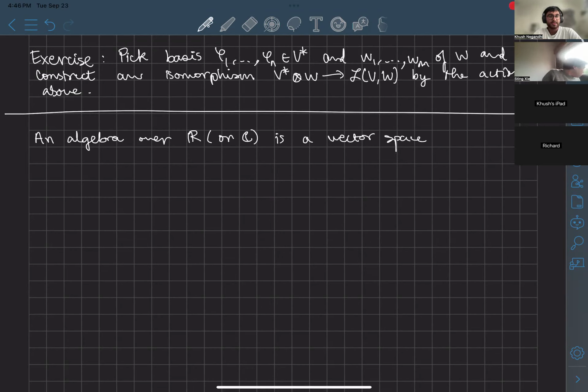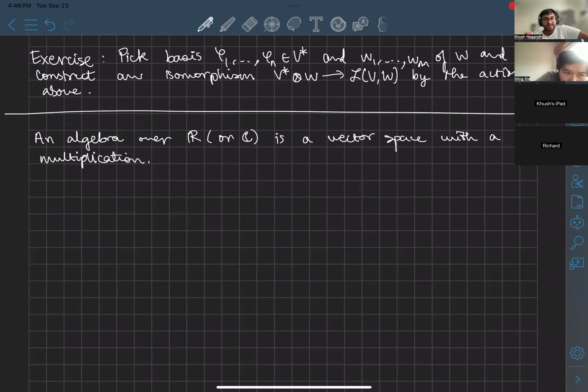A vector space with a map. I'm wondering how I want to define this, because there's a couple of ways. Okay, the way I need you guys to know is it's just a vector space with a multiplication.